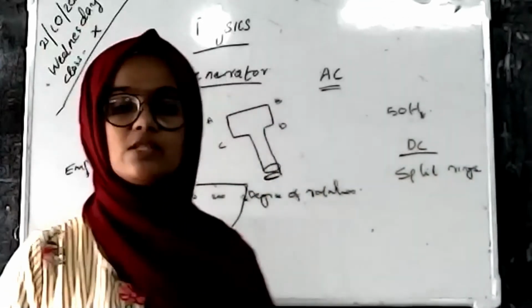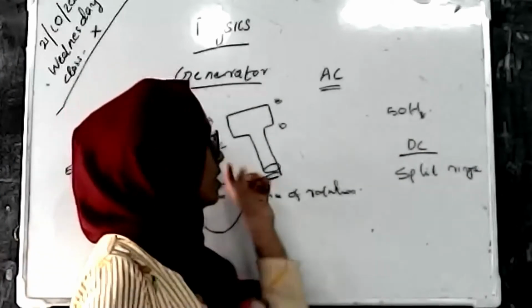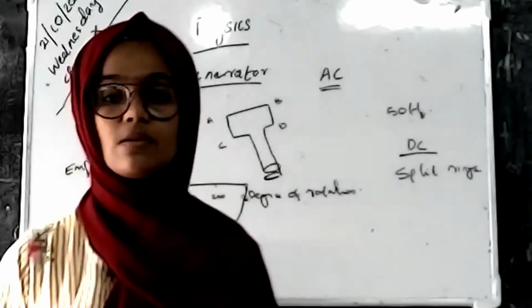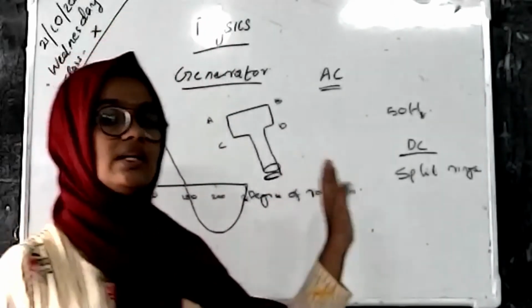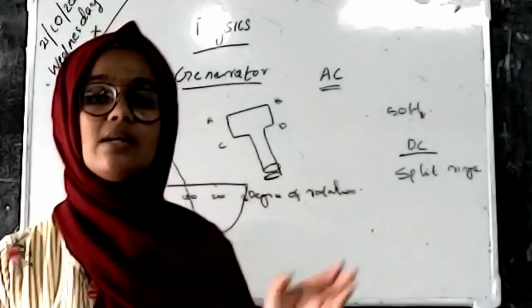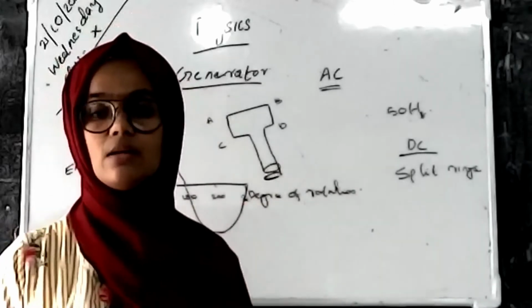This is the only difference between an AC generator and a DC generator. So when we use a DC generator, we get direct current, and an AC generator gives alternating current.